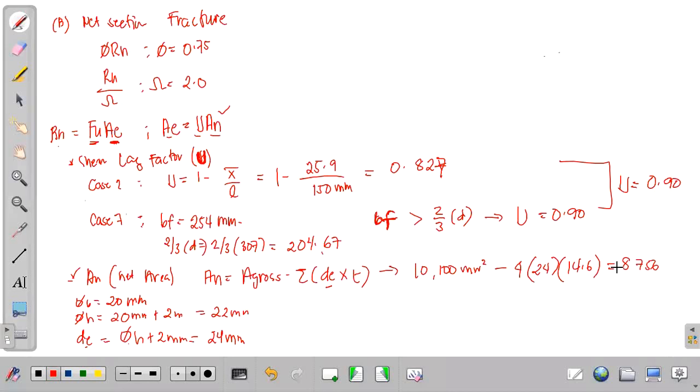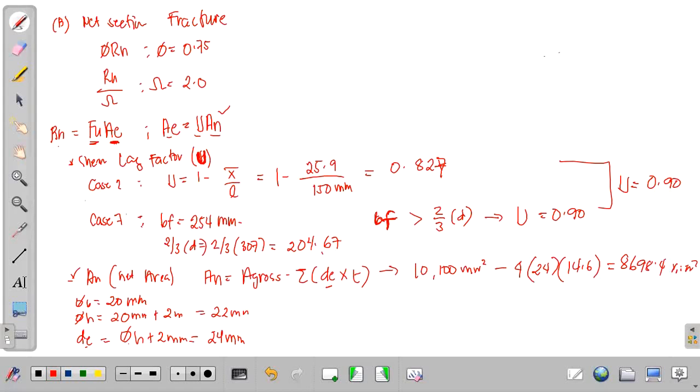Is this correct? Ma'am, 8698.4? So we have 8698.4 mm squared. Okay, that is our net area.